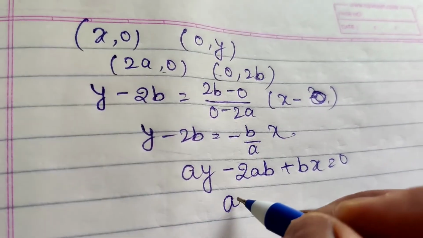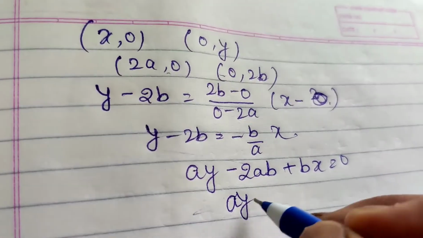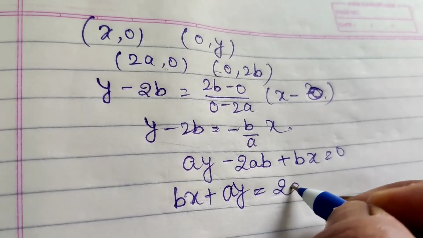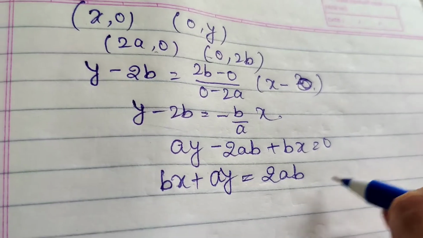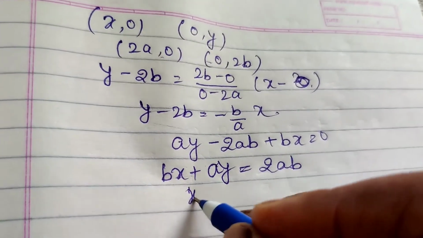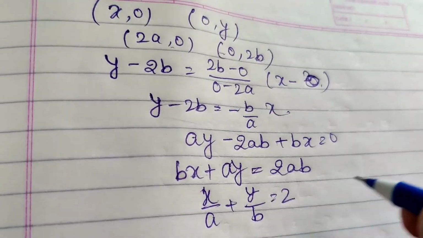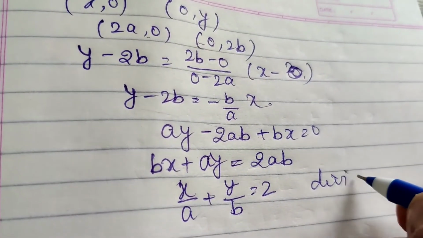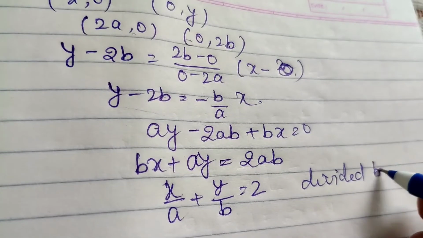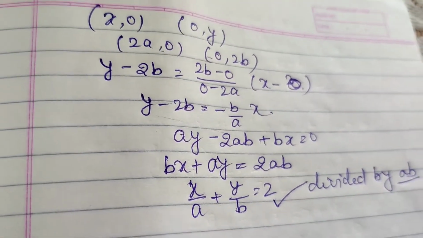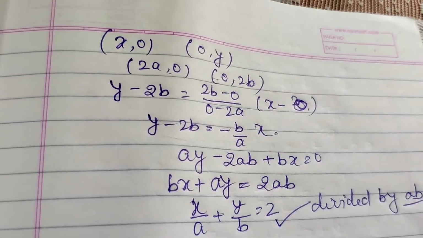Now arrange a by bx plus a by equal to 2ab and divide by ab, we get x upon a plus y upon b equal to 2 divided by AB. We get the equation, hence proved.